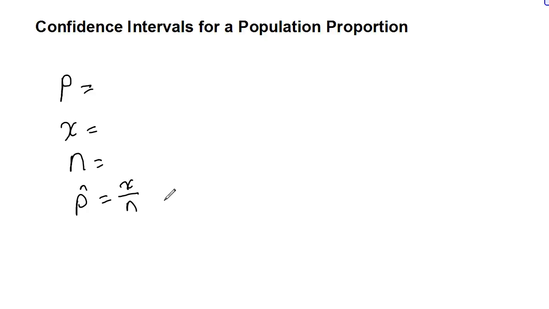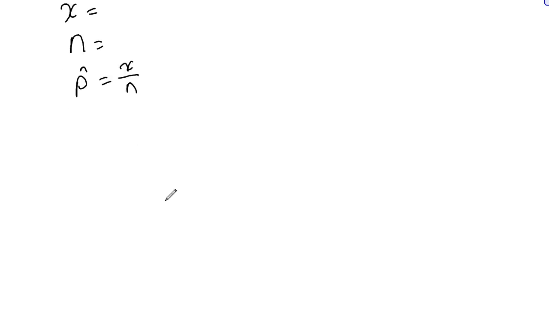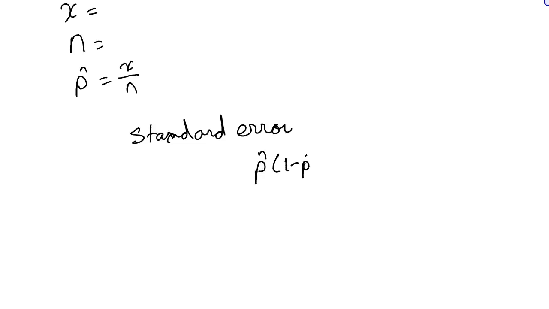Now, when we're talking about confidence intervals, recall that we need standard errors and margin of errors. For our standard error for proportions, we're going to find P hat times 1 minus P hat divided by N and take its square root.